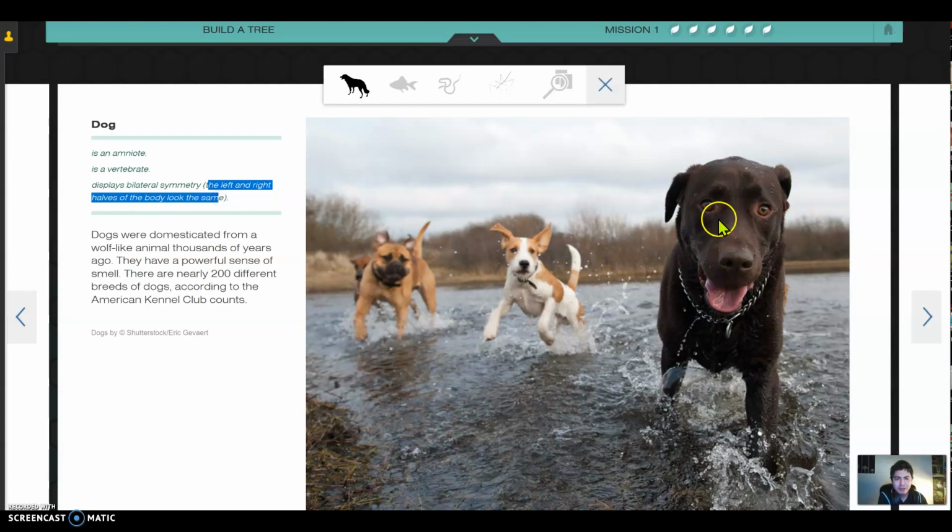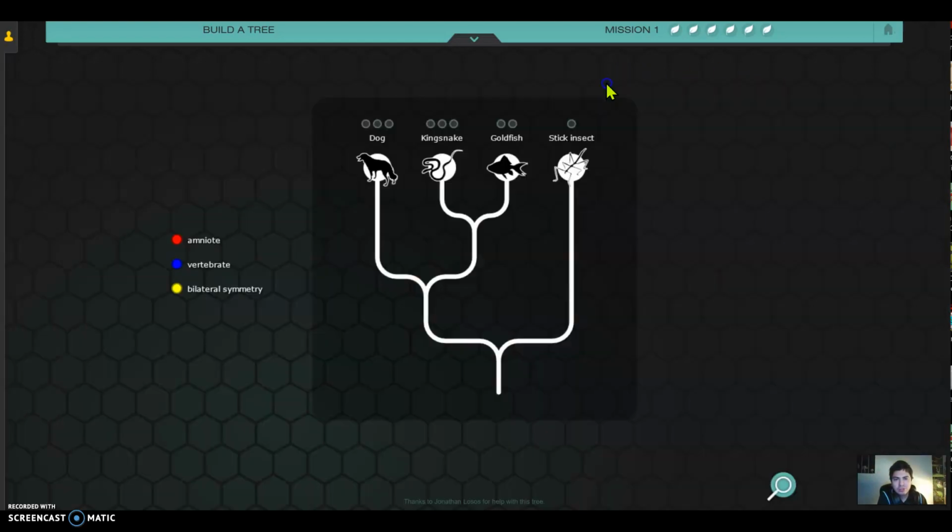This half of the dog and this half of the dog are like mirror images, like my hands. So the one thing they all share is mirror halves. And you may be thinking, wait, don't all animals have that? No, some of them look different on one side than on the other. Perhaps plants, maybe not animals, but plants do.